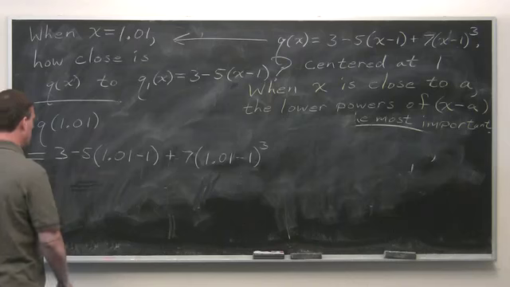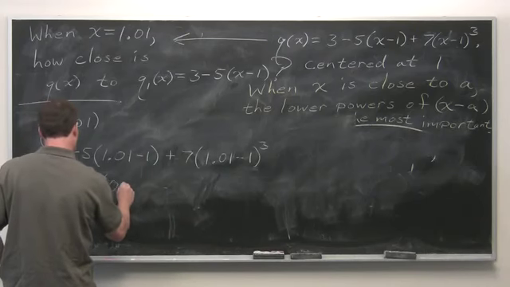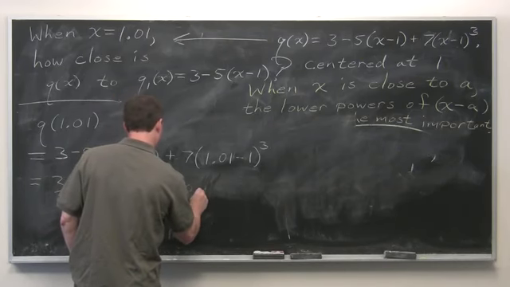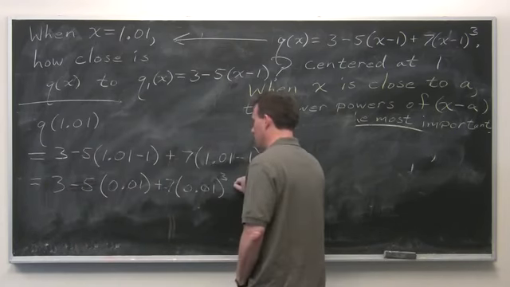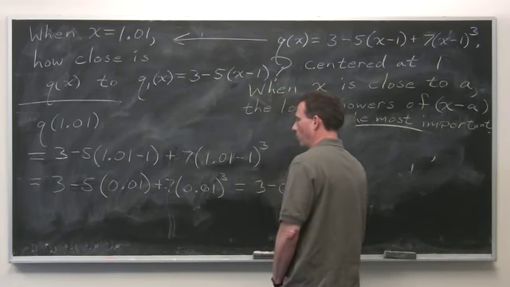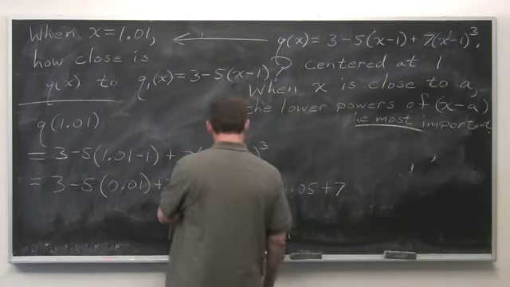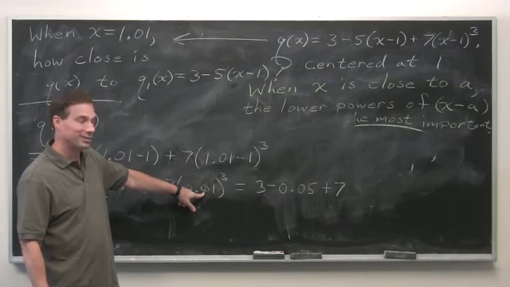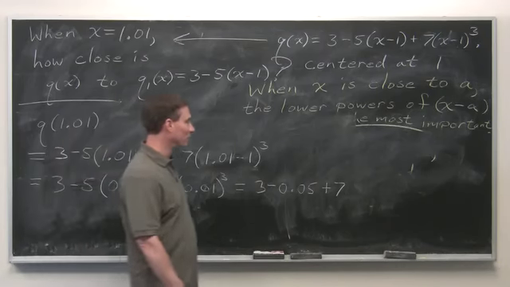So this is 3 minus 5 times 0.01 plus 7 times 0.01 cubed. 0.01 is 10 to the negative 2 power, so we get 10 to the negative 6th when we cube it.